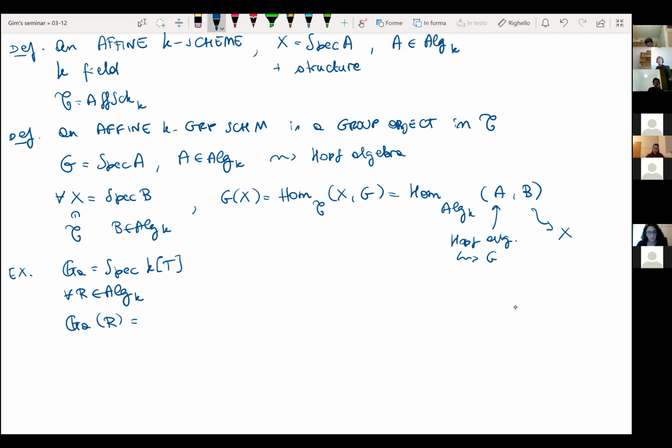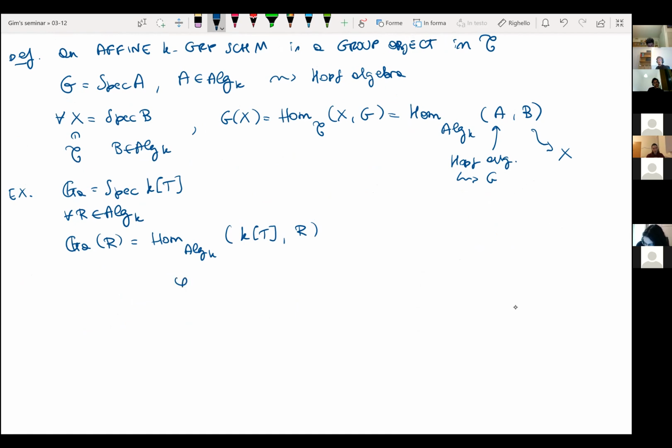With the notation above, it should be G_a of Spec R, but since we are confusing K-algebras with affine K-schemes, we allow this notation. So these are the morphisms of K-algebras from K[T] to R.